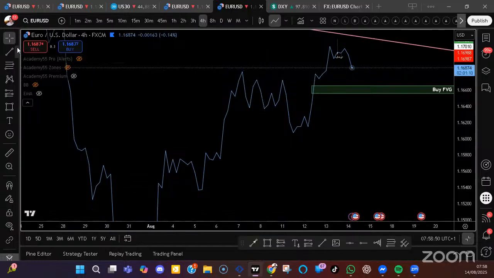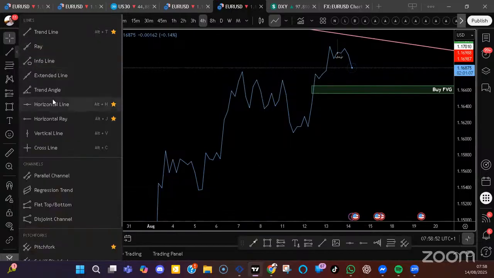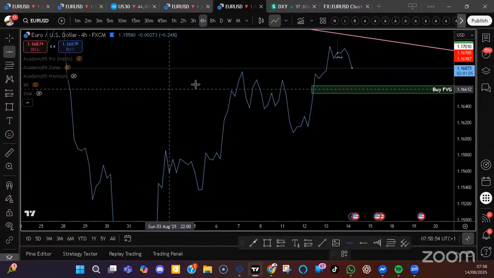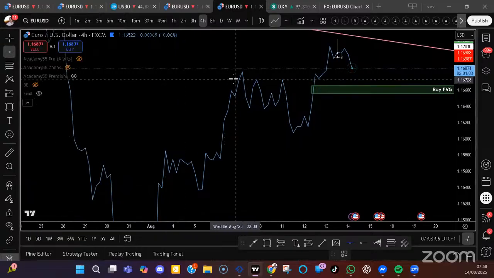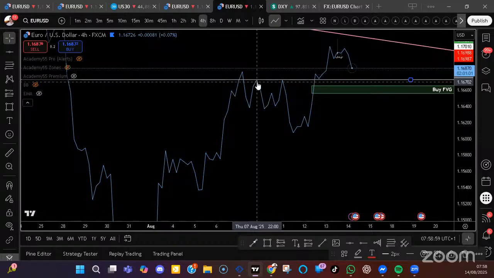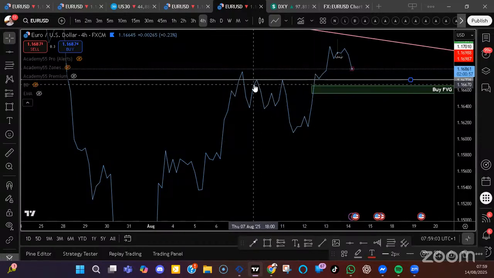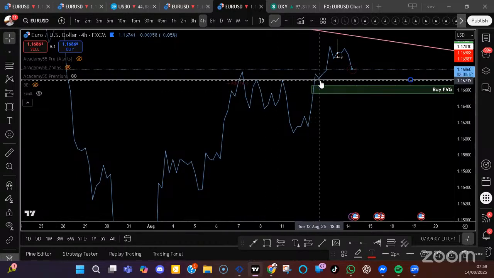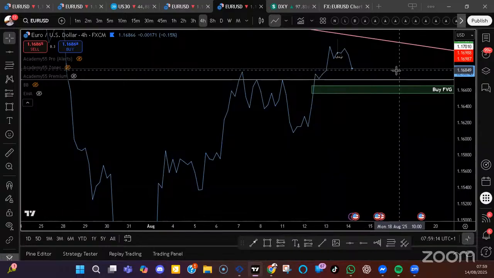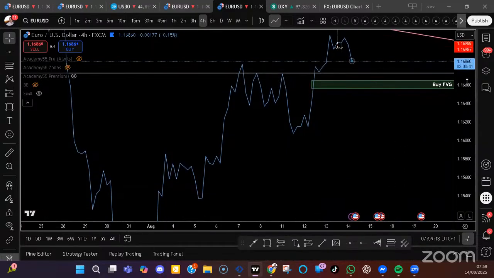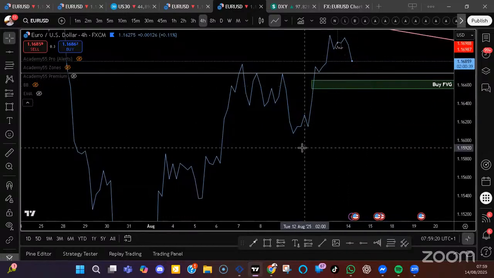So for example, this is a very important one here, because we've got 2 peaks there, look, and a peak there. So it's been resistance, resistance, and support there. And because of that, that area there is obviously an important area for price to either bounce or break.